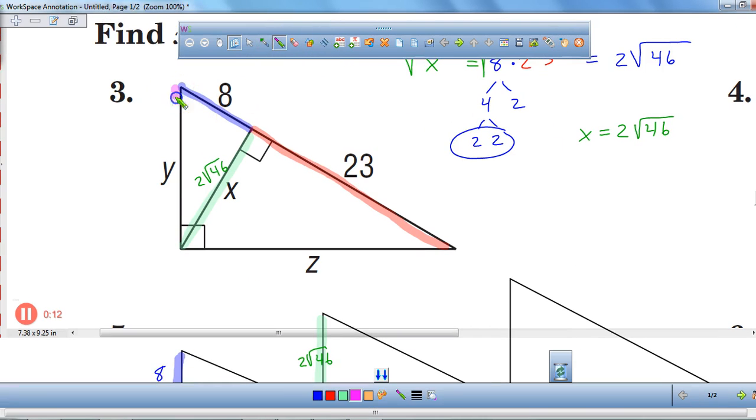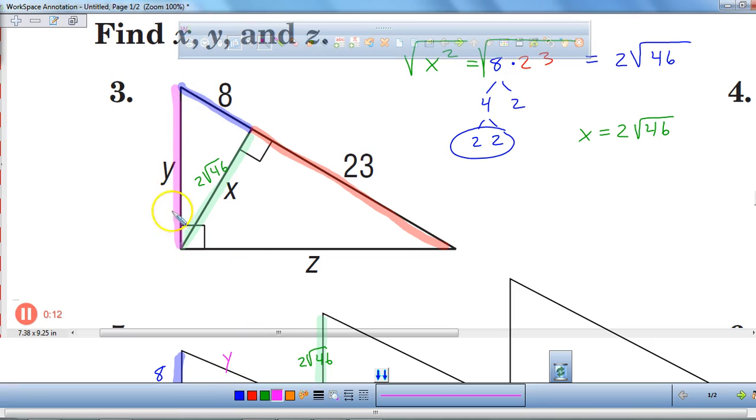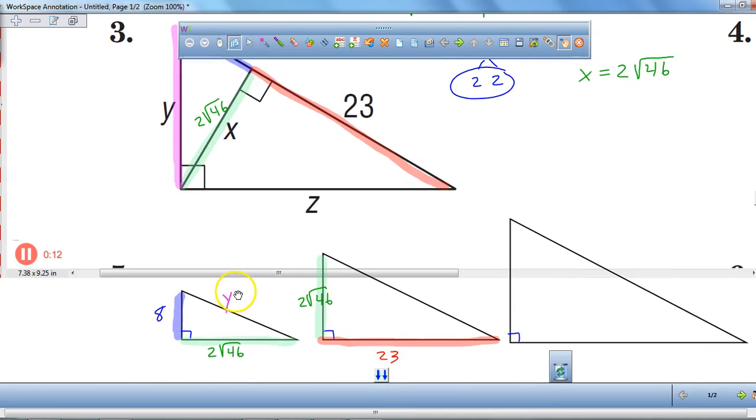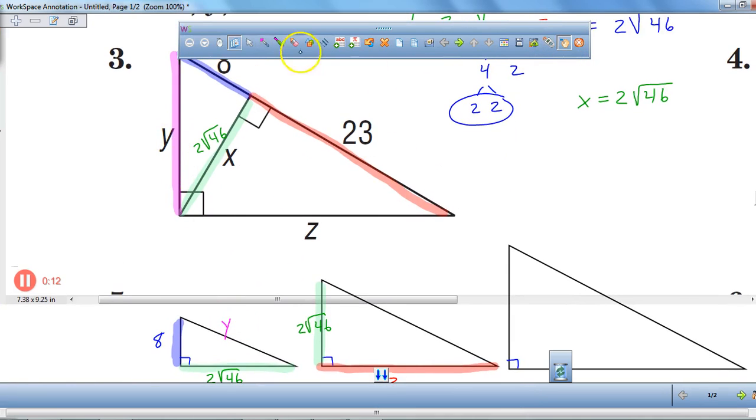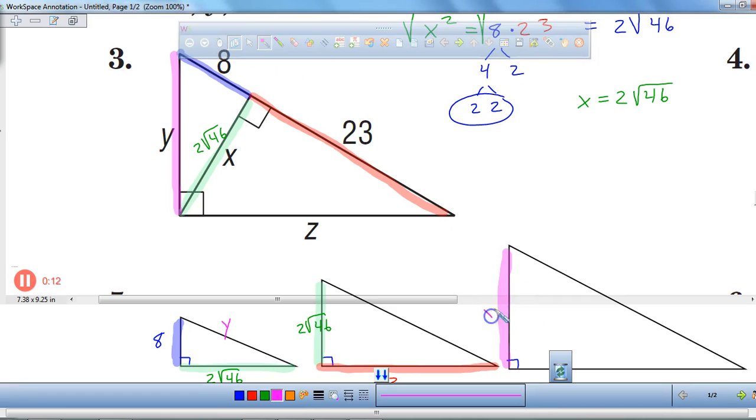This distance right here, we're going to call y. So right here, I'm going to label this as y. This right here is the hypotenuse of the small triangle. That's the hypotenuse. But it's also the shortest leg of this triangle right here. That's the shortest leg. So I'm going to label this one y.